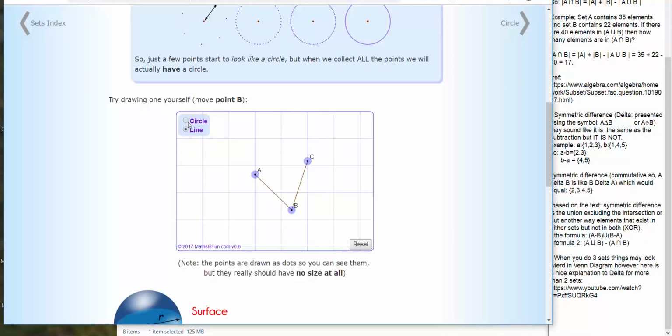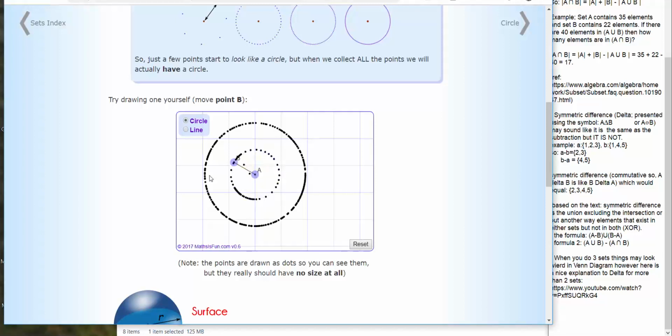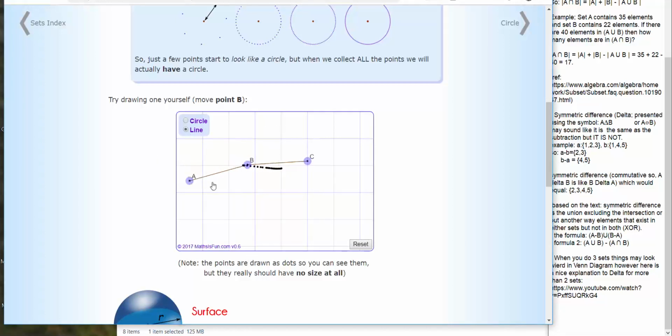So you have a circle and a line, and the more points you draw, the smoother it gets, the circle could be smaller or it could grow bigger. And then you could go in all sorts of directions here.